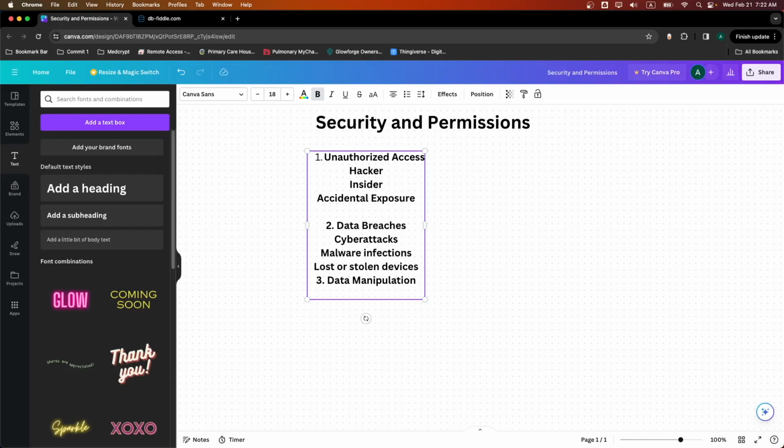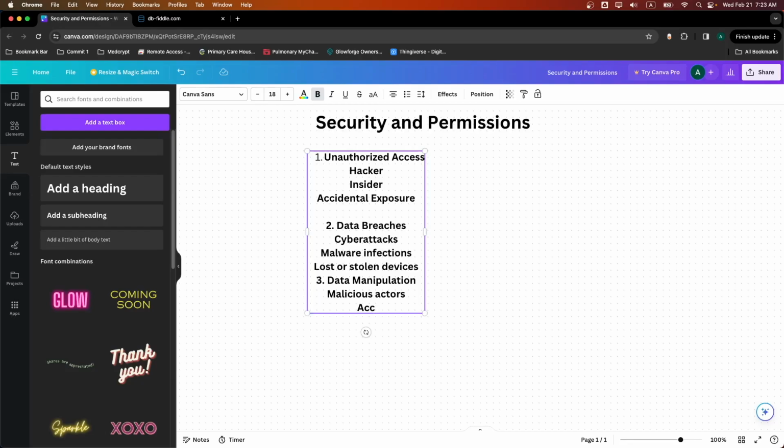Basically, it's going to compromise the integrity and accuracy of the data. In this category, we have malicious actors: someone intentionally trying to modify data to disrupt operations, or cause some financial harm, something like that.